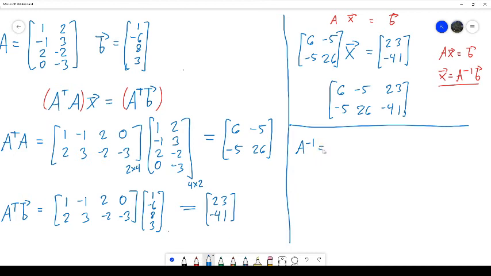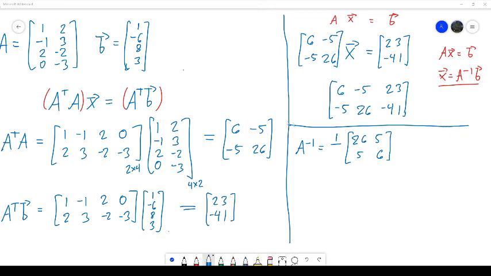Find A inverse, which is, let's see, the matrix itself is going to end up, we're going to swap these, and then we're going to change the sign, so these will both be positive 5. And then we divide by the determinant. So the determinant here is, let's see, 6 times 26 minus negative 5 times negative 5.